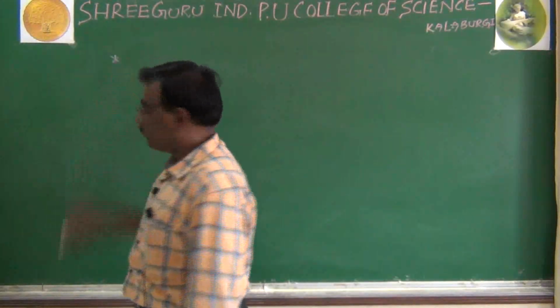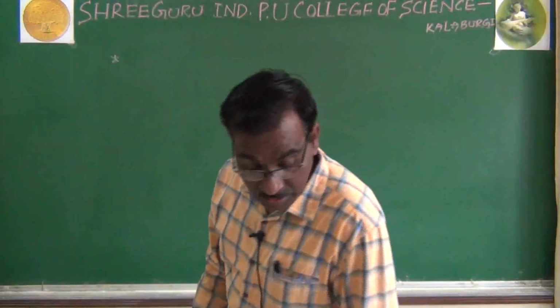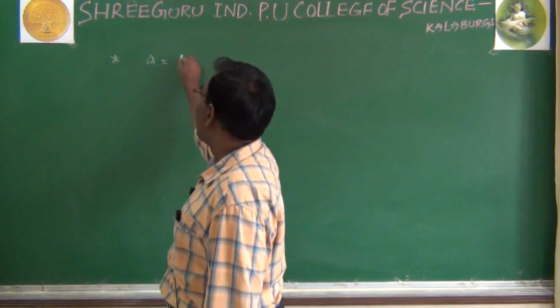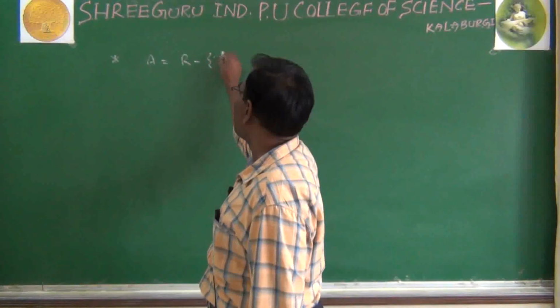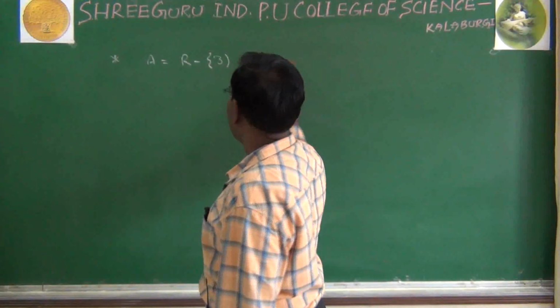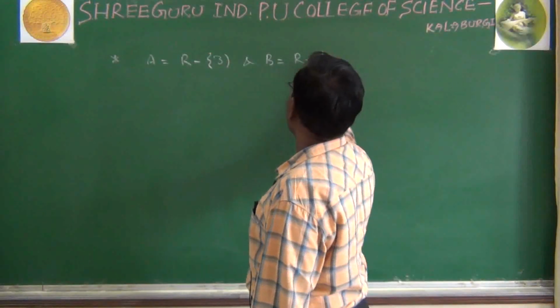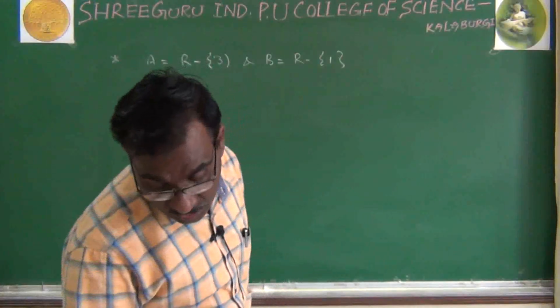Next question. Let A be the set R other than 3, and B be R other than 1. Okay. A other than 3, B other than 1.